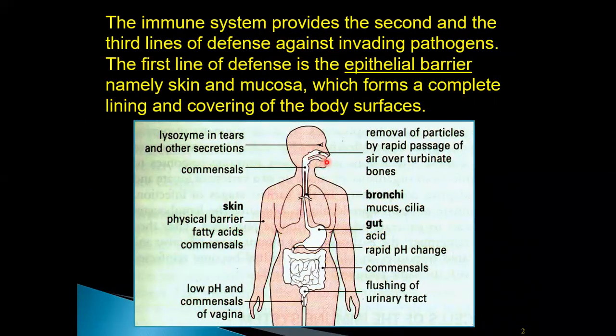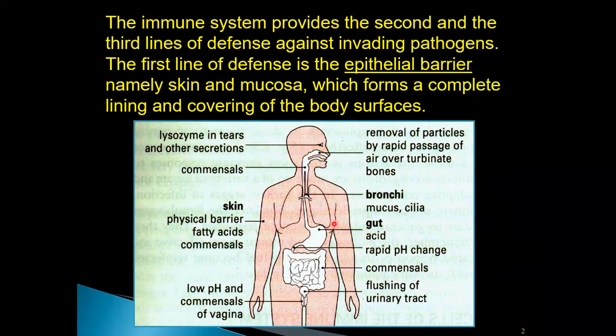And there is mucus present, and there's a ciliary mechanism which washes away and traps the bacteria. Similarly, in the bronchi we have mucus, and the lining of the trachea has cilia present, which are moving away, washing away the microorganisms.